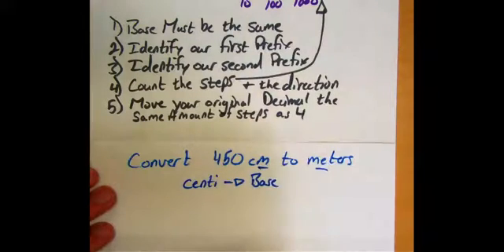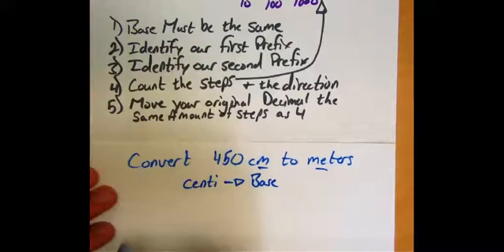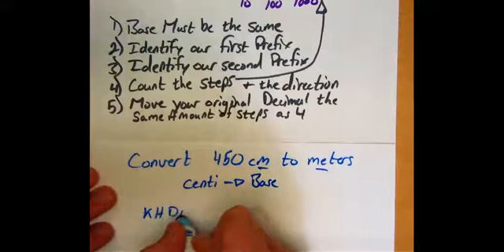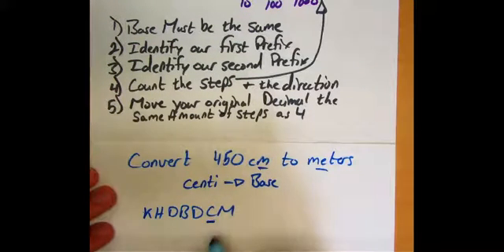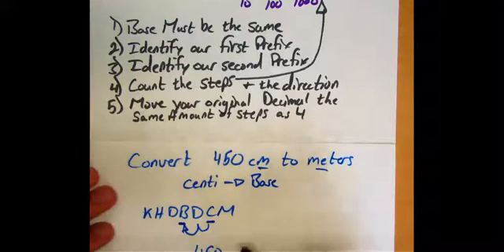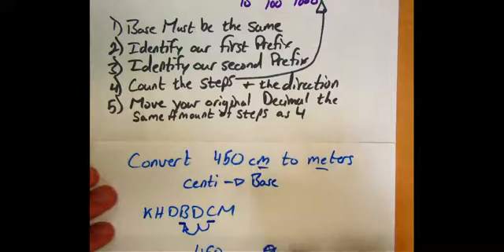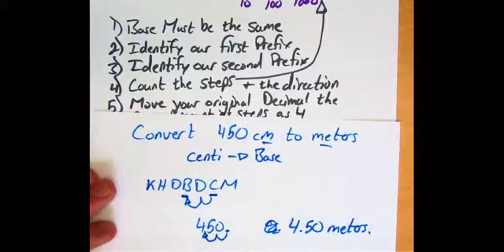There is no prefix, so that means that that's our base. Now I'm going to write out my King Henry died by drinking chocolate milk. If I start at centimeters and I'm going to our base, I'm going to take 2 steps to the left. So that means 450 has this imaginary decimal place that I'm going to move 2 steps to the left. My conversion is 4.50 meters. And that's it.